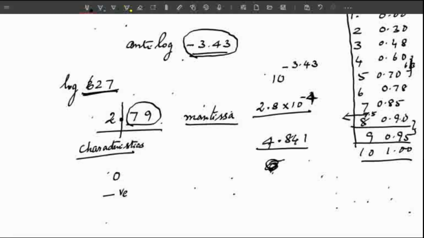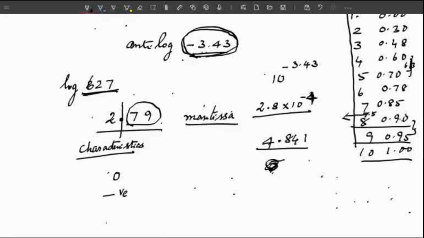Here, when the number for which you are going to take the antilog is negative, you should not take the antilog as such, because you should first convert it into the logarithmic form. What is the logarithmic form?